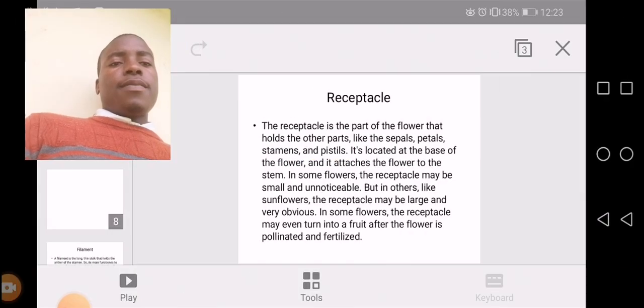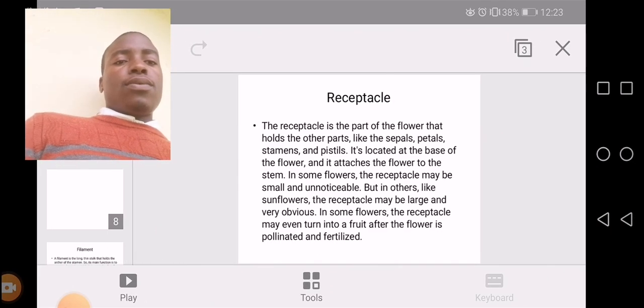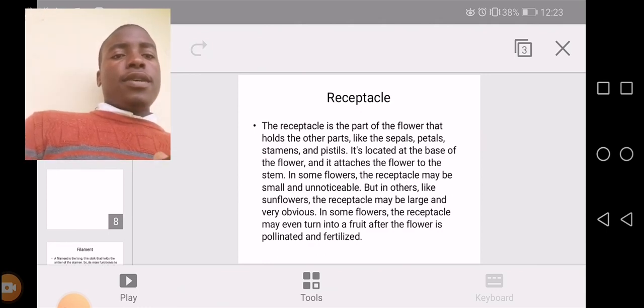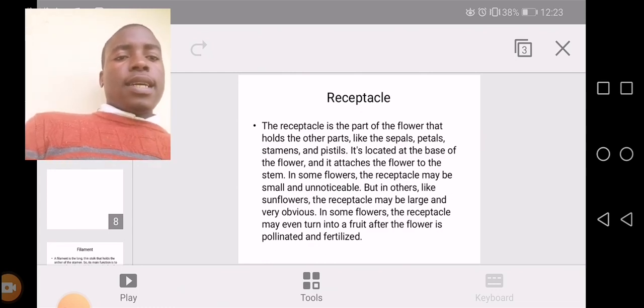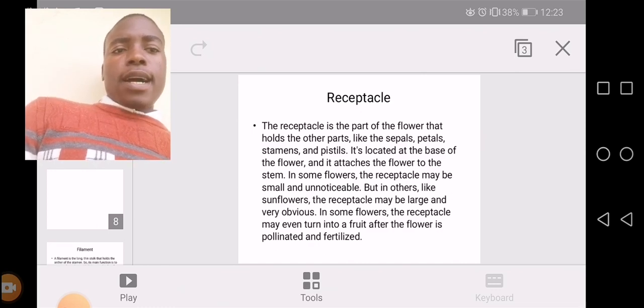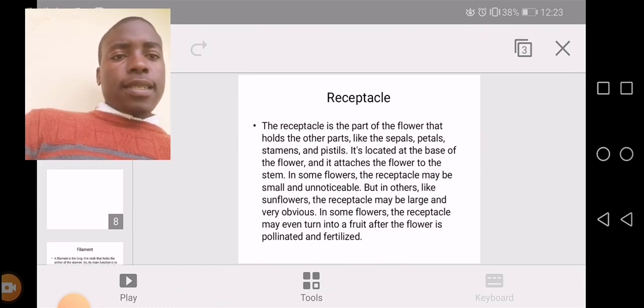The next part we have is the receptacle. The receptacle is the part of the flower that holds the parts like the sepals, petals, stamen, and the pistil. It is located at the base of the flower. In some flowers, the receptacle may be small and unnoticeable, but in others, like sunflowers, the receptacle may be large and very obvious.